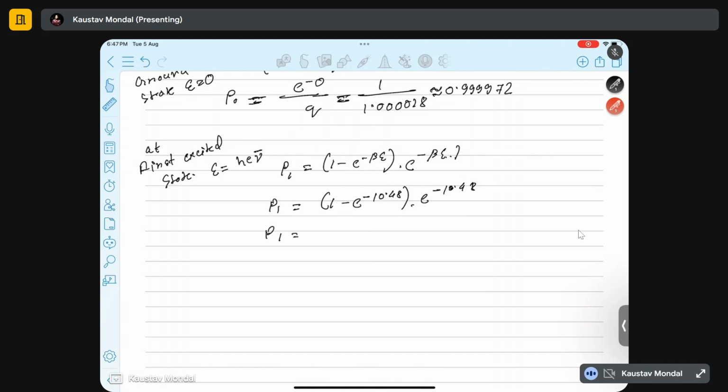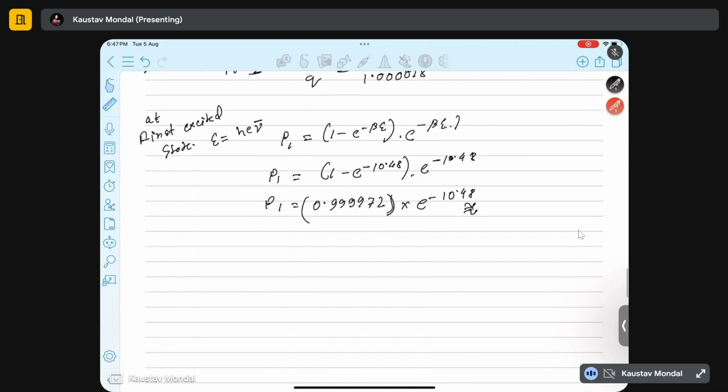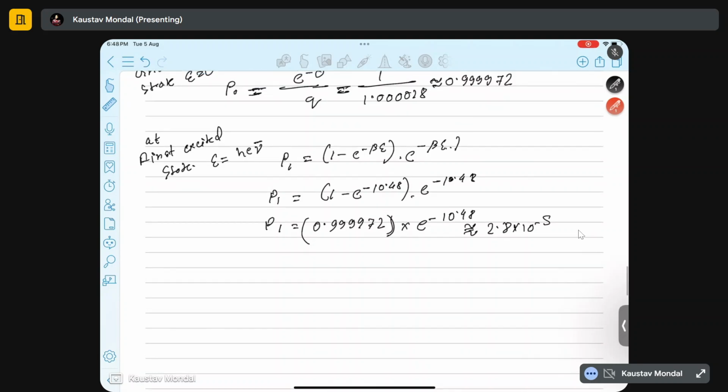This gives you P1 into 0.9999972, that is the partition function value as previously calculated, into e to the power minus 10.48, which gives around 2.8 into 10 to the power minus 5. As you can see, the population at the first excited state is significantly lesser, fifth order lesser than the ground state.